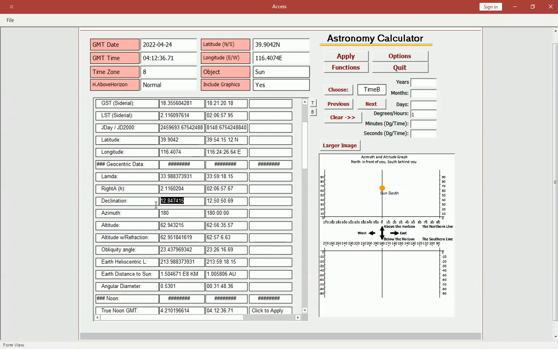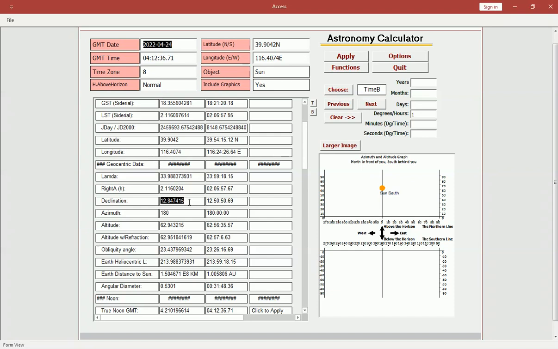But what does this mean? It means that at this specific latitude, 12.84 degrees, at noon, at this specific date, the sun will be perpendicular to this latitude. That is, the altitude will be 90 degrees.